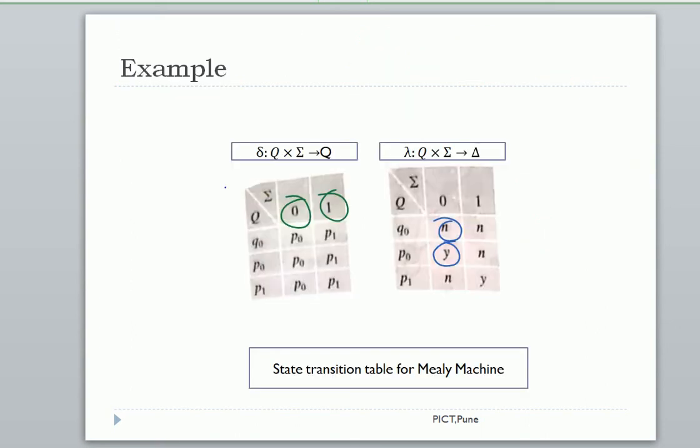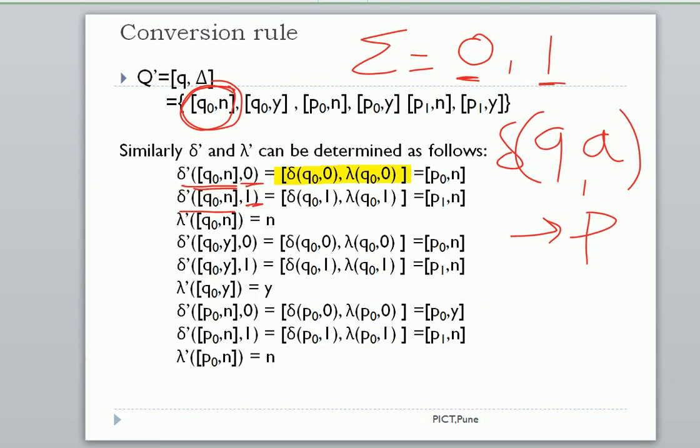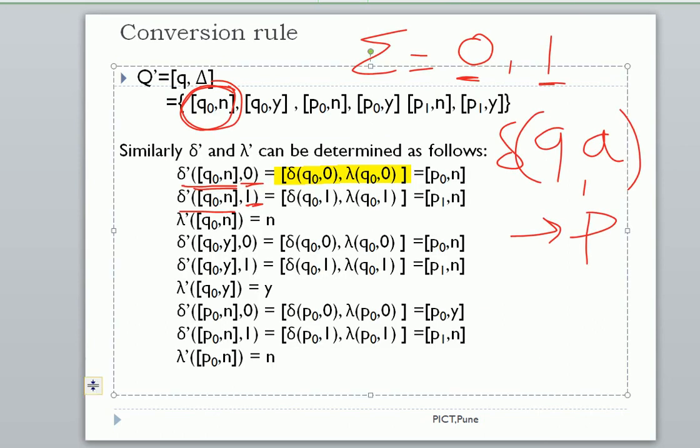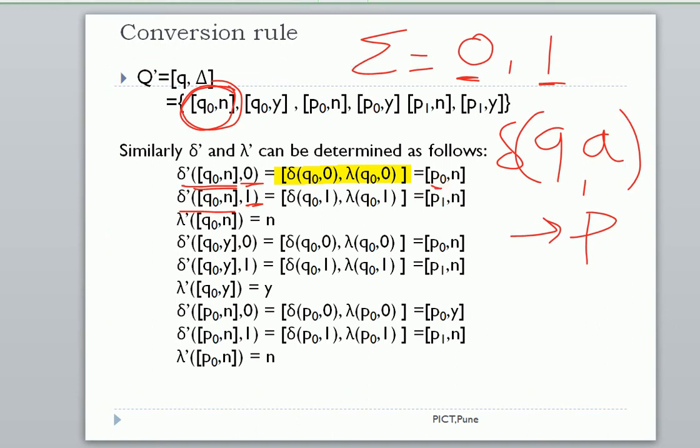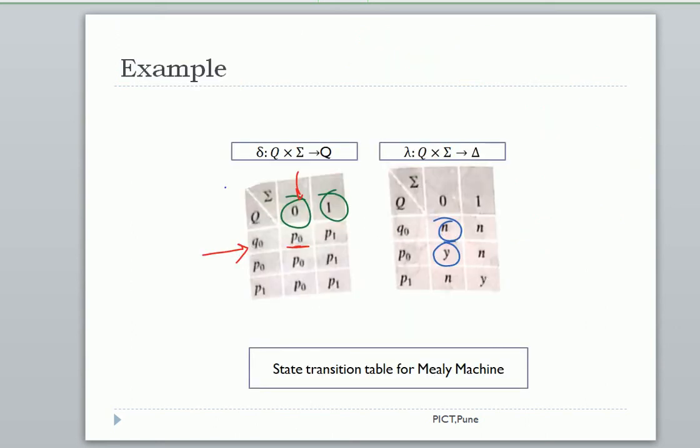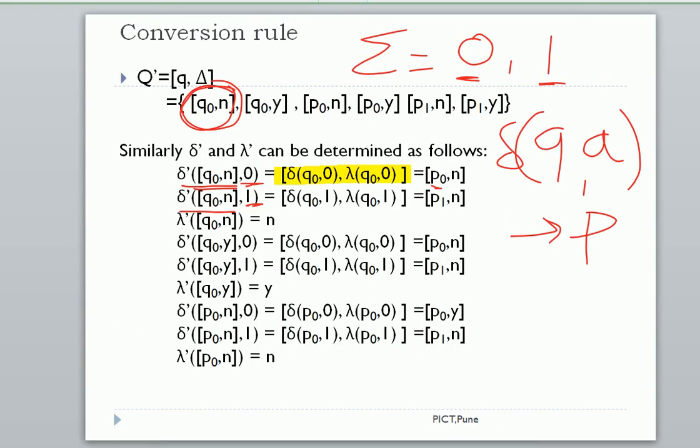Here from the table, delta Q0 on 0 goes to P0. So we have written here P0. Similarly, the lambda function, Q0 on 0, will give me the value N. So I am going to put it here.